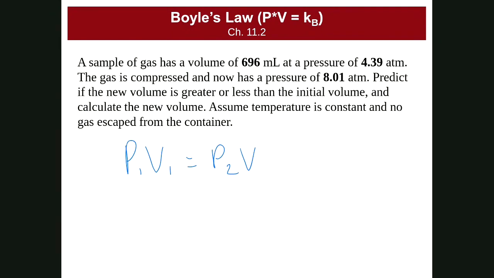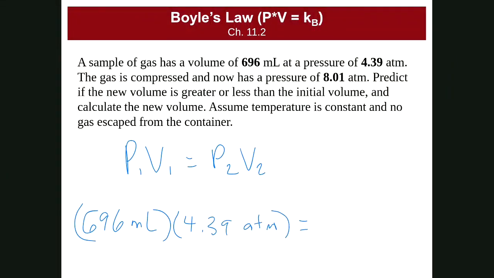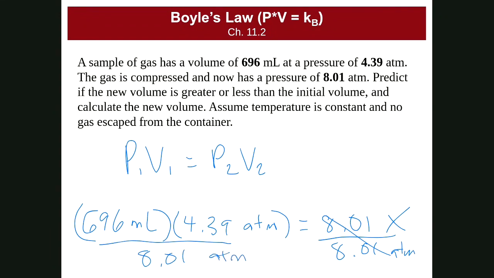So we're going to have 696 milliliters times 4.39 atmospheres equal to 8.01 x. So we're solving for x. We want to divide by our 8.01 atmospheres, which will cancel out atmospheres, and we'll have milliliters left over.